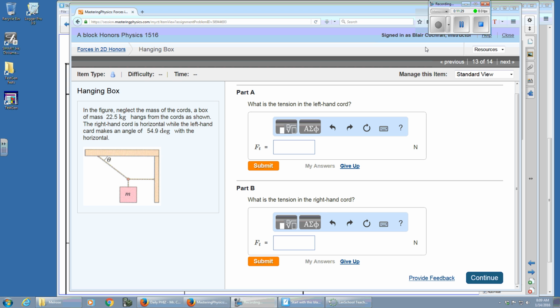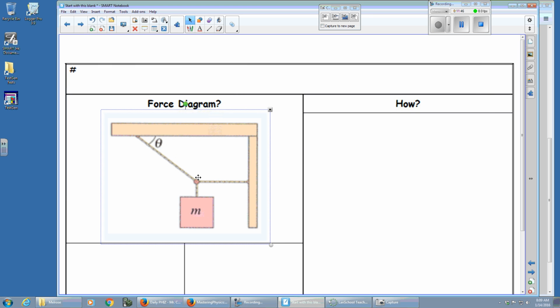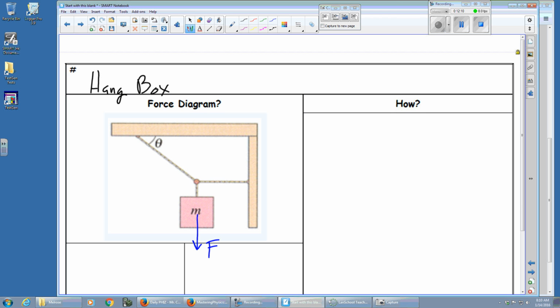So actually, I'm going to grab that picture so I don't have to do a better job redrawing it. All right. So hanging box. I'd have the weight of the box down.